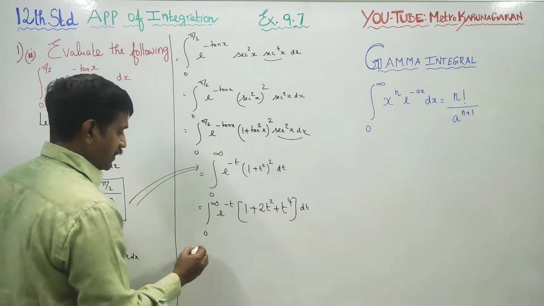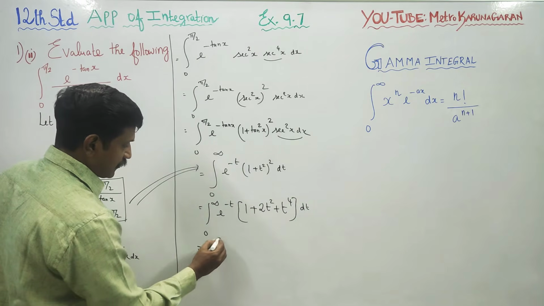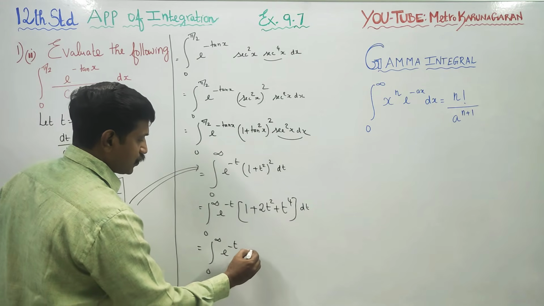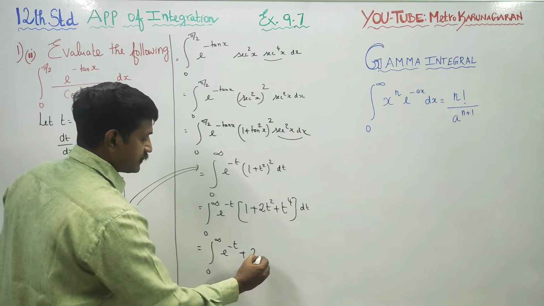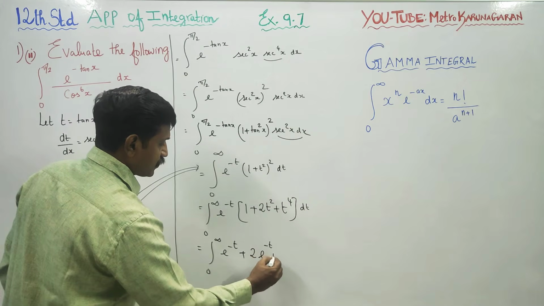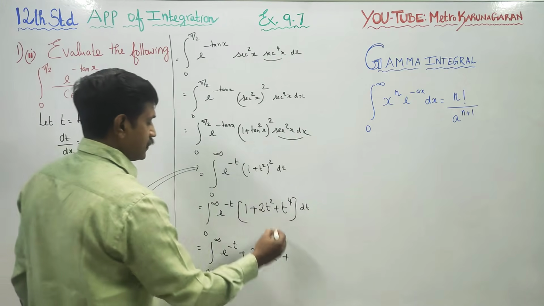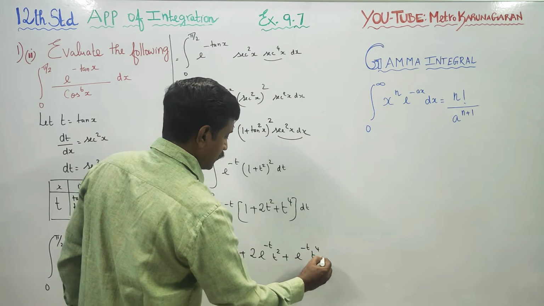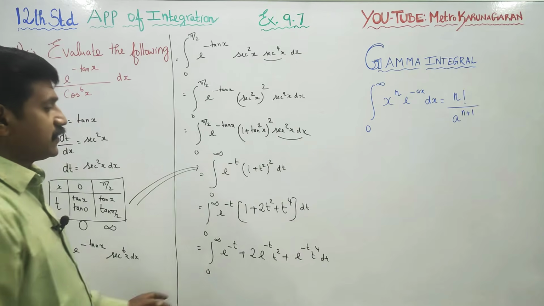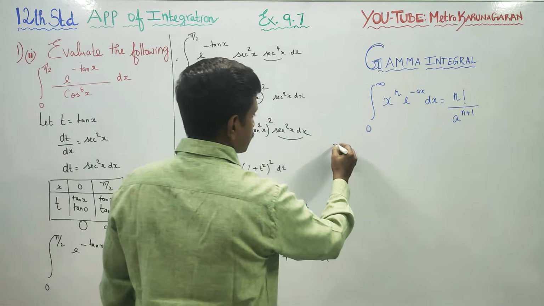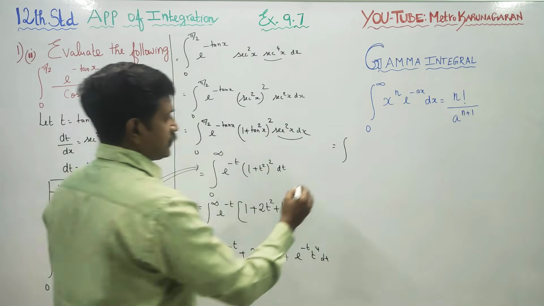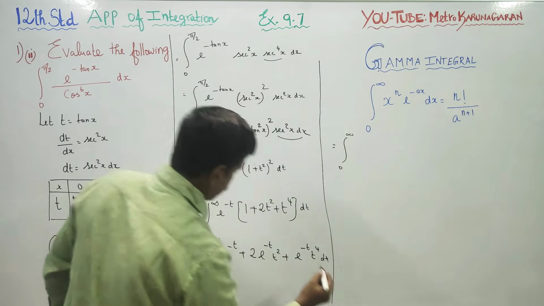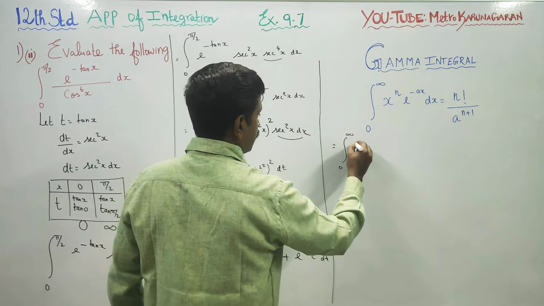You just multiply by e power minus t. So 0 to infinity e power minus t plus 2 times e power minus t into t square, then e power minus t into t power 4 dt. Okay, I am splitting this into small integrals. Integration 0 to infinity e power minus t dt.